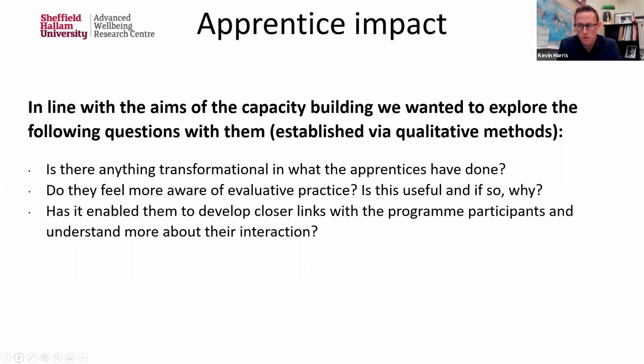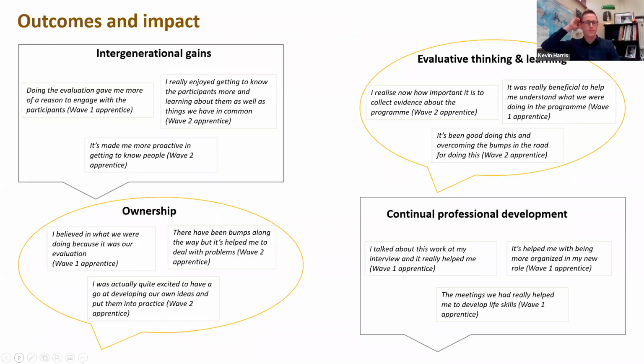So this is where the next findings come in, which is the next slide. These were some of the key outcomes and impacts that came about. This is just, again, a snapshot of what came out of this process. There were some clear gains there in terms of intergenerational gains, where some of the apprentices across wave 1 and wave 2, I'm referring to wave 1 and 2 data here, said the evaluation gave me more of a reason to engage with the participants.